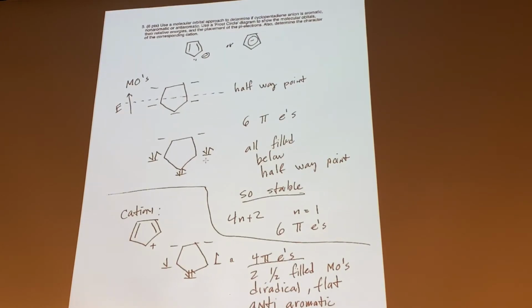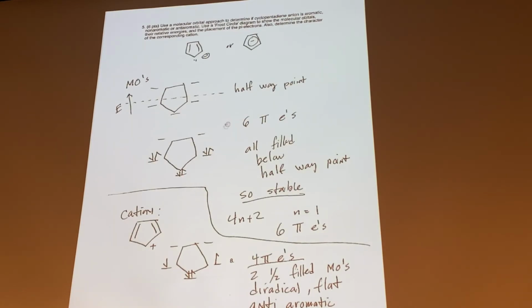Remember, the Frost circle just tells us what the molecular orbitals might look like. You have to change the shading, everything, and do the nodes here. There are 2 different ways to have one node in this structure. That's what it says. But you can apply this and just go through this. 6 pi electrons, 4n plus 2 rule, okay. It's planar. You can say that's why it's stable.